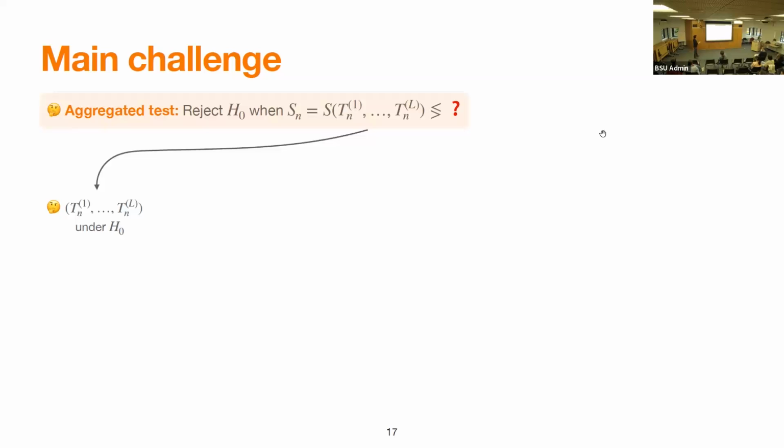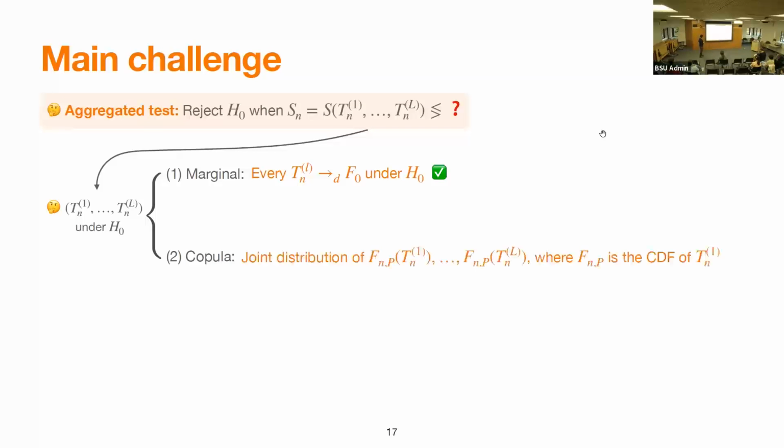If I look at the null distribution of S, that obviously depends on the null distribution of the statistic vector, Tn1 through TnL. This can be further decomposed into two parts, the marginal null distribution and the dependency, or the copula. The marginal, by our assumption, converges to a standard normal or uniform under the null, so this is fine. The problem is with the copula.